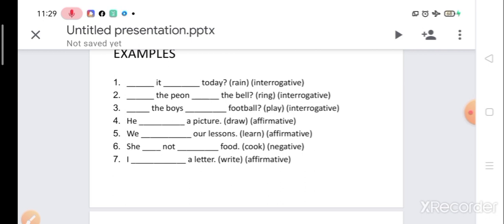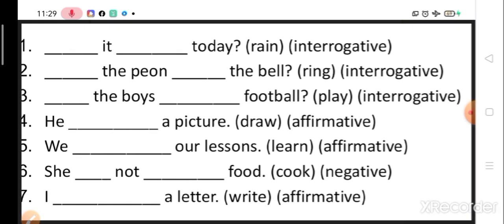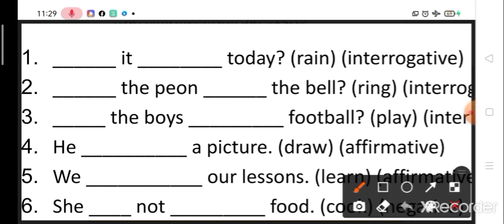Here the first sentence says dash it dash today, and the verb we are supposed to use is rain, and this is an interrogative sentence.